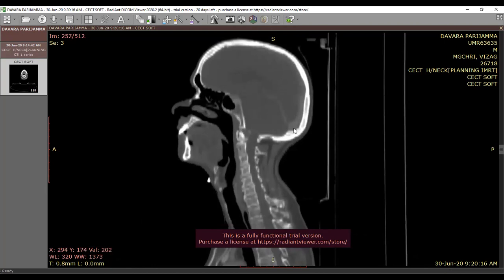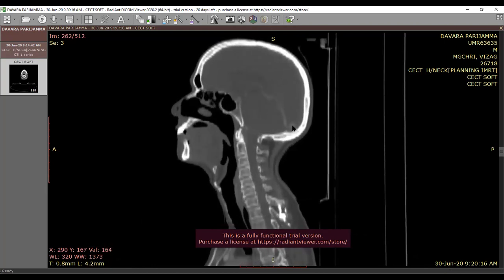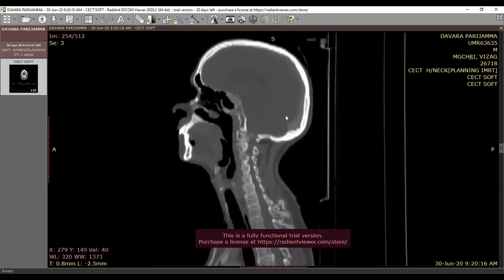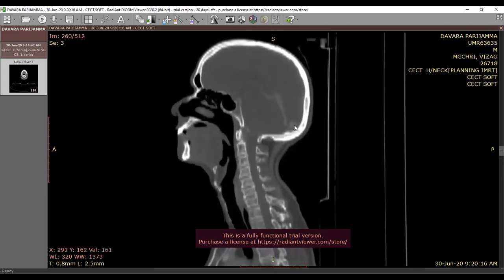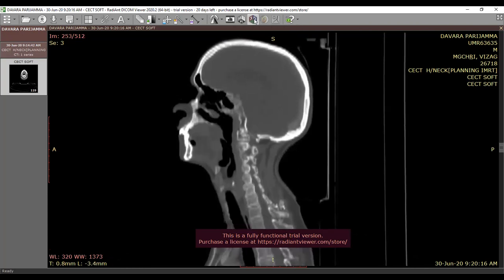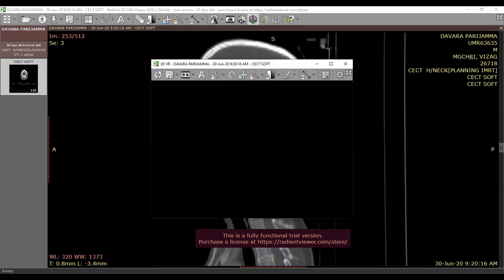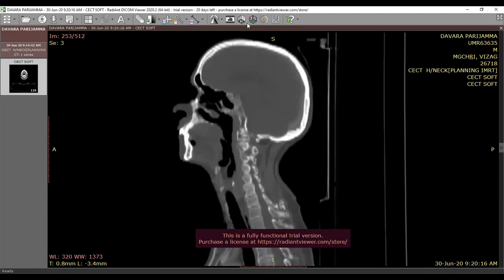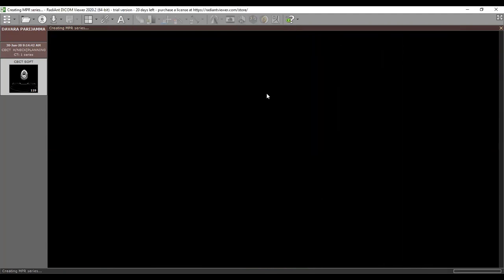This is the straight sinus. The confluence of sinuses. You can see it in the coronal view also.